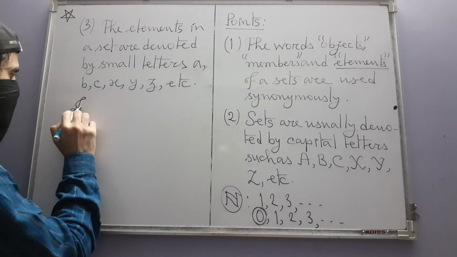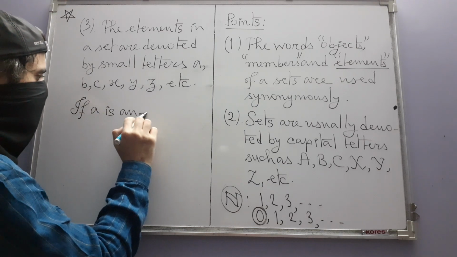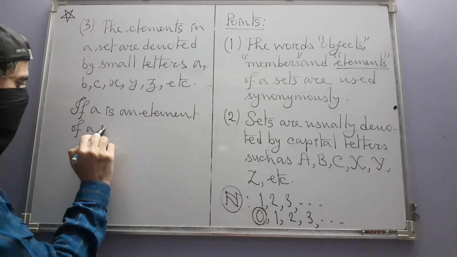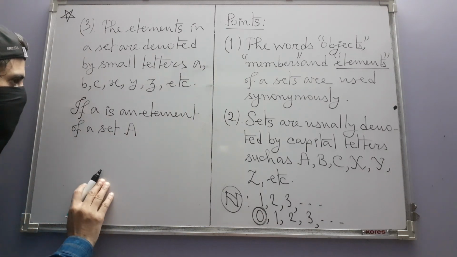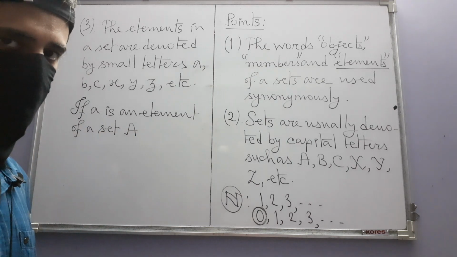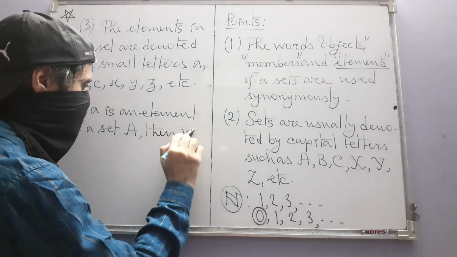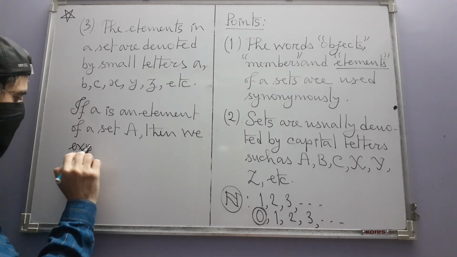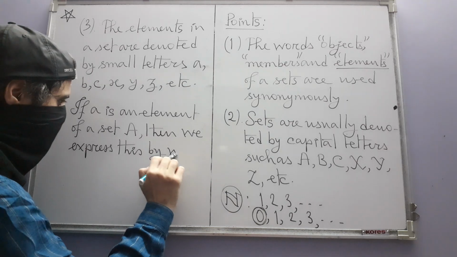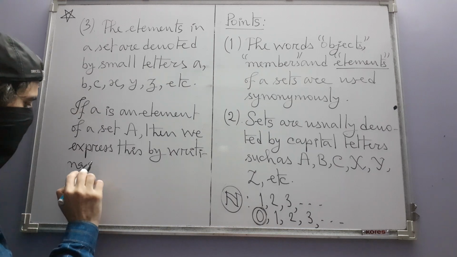If a is an element of a set capital A, remember that small letter means element and capital letter means set, then we express this by writing a symbol like this.